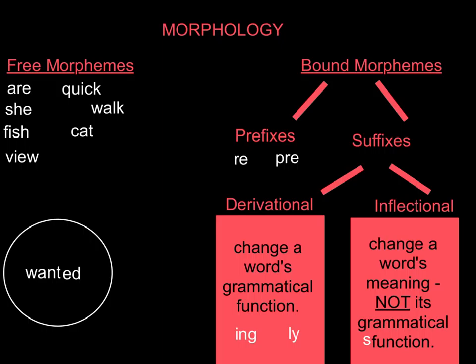I haven't changed the grammatical function of the word. It was a verb, and it's still a verb, but I've changed its meaning. I've gone from a present tense to a past tense. And you'll notice with your students, changing tenses, that subtlety of our English language can be a challenge for them.